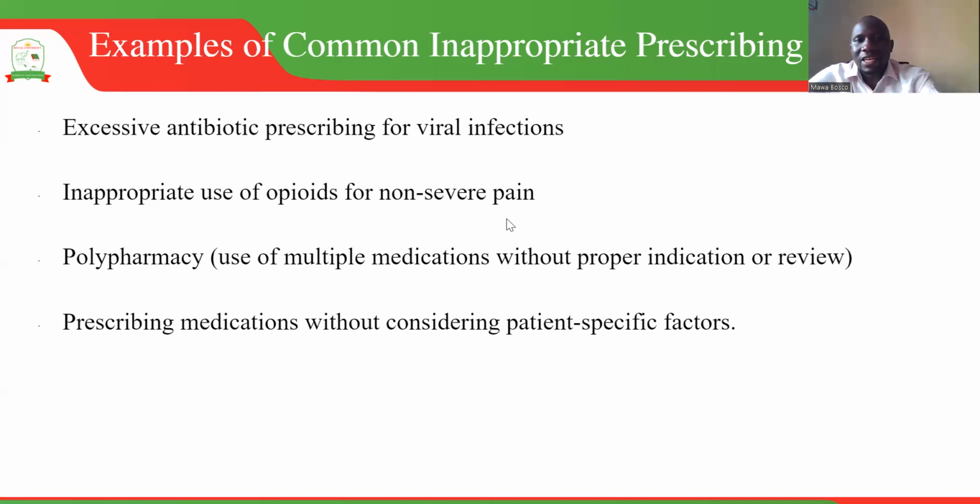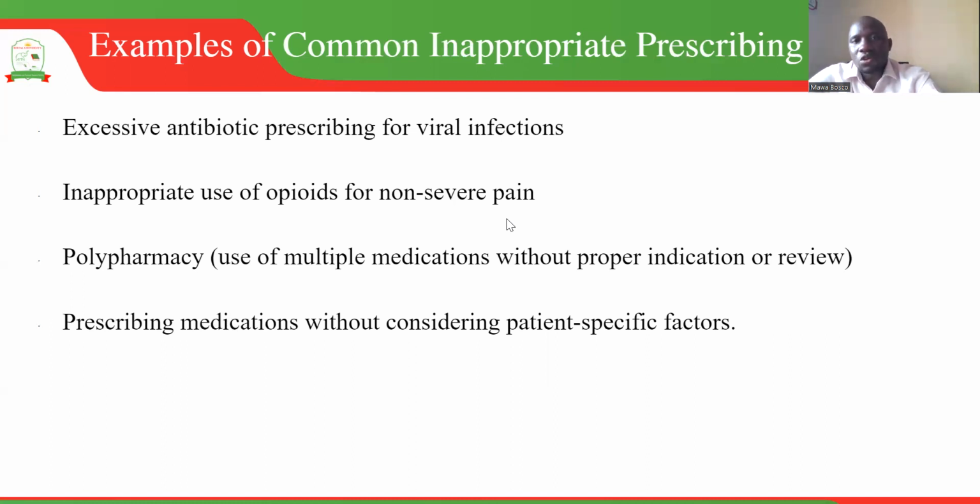There is a ladder that has to be followed in moving from one type of painkiller to another. Sometimes a lot of drugs are prescribed for one condition, that is polypharmacy, a number of different medications with no proper reason for actually prescribing them.